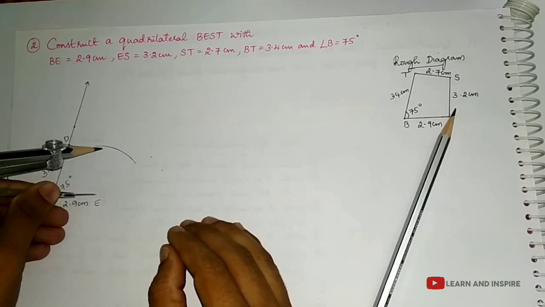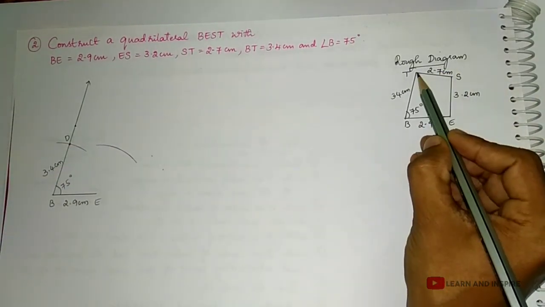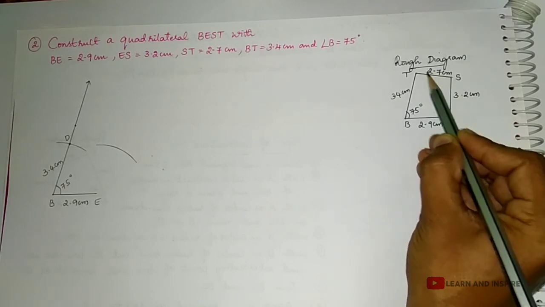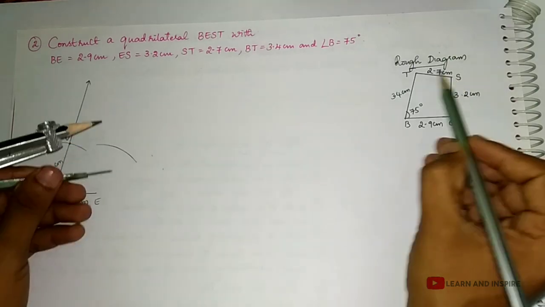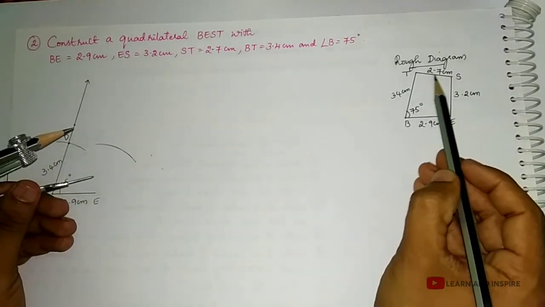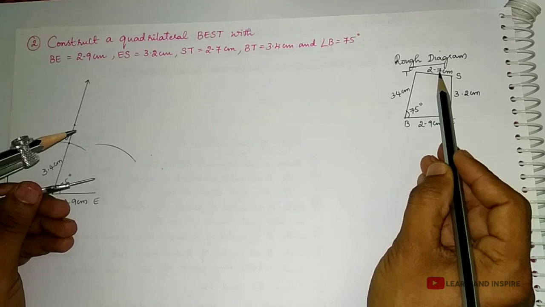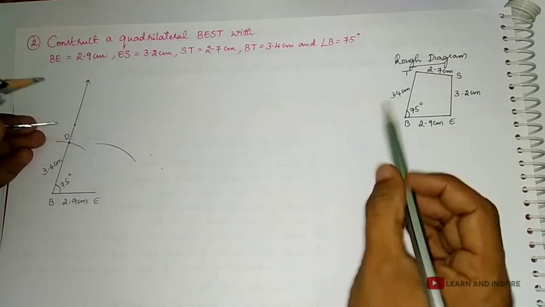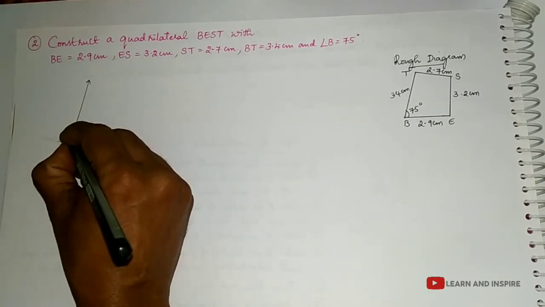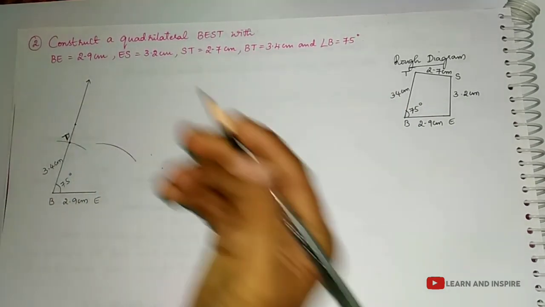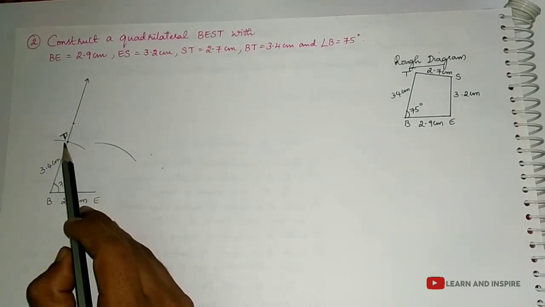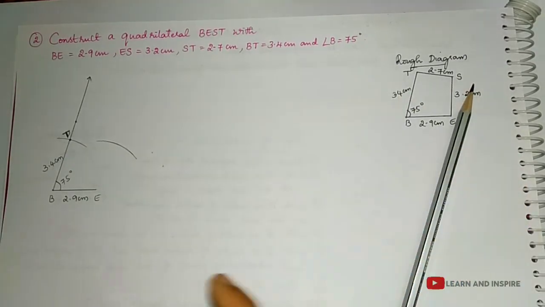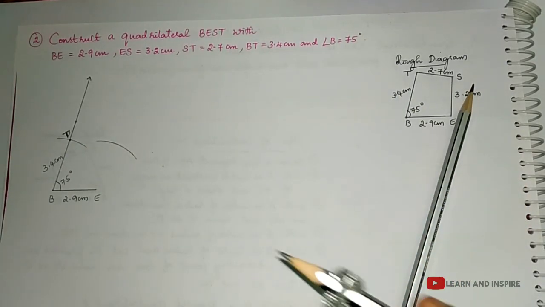Okay, now next step, with T as center of radius 2.7 centimeters, we can cut this previous arc. So we can cut this previous arc by taking radius 2.7 centimeters at center T. This is T, not D. So take 2.7 centimeters.